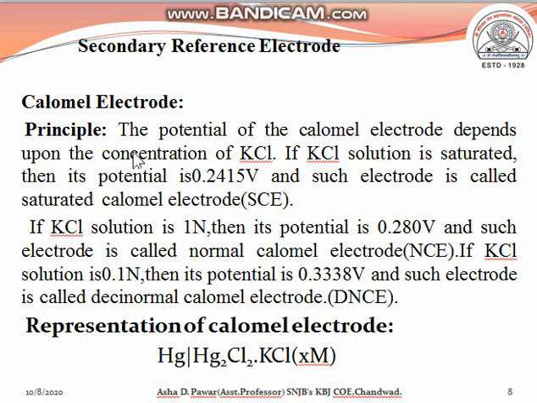If the KCl solution is saturated, then its potential is 0.2451 volt, and such an electrode is called a saturated Calomel electrode. If the KCl solution is 1 normal, then the potential is 0.284 volt, and such an electrode is known as NCE, normal Calomel electrode. If 0.1 normal KCl solution is used, then its potential is 0.3338 volt, and such an electrode is called a decinormal Calomel electrode.